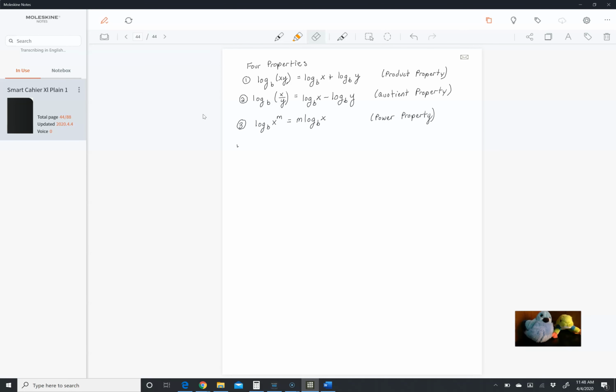And then our fourth one is kind of intuitive. Again, we're not going to use this until we get to equations, which is the next lecture. But this is saying if log base b of x equals log base b of y, then x is equal to y, and vice versa.